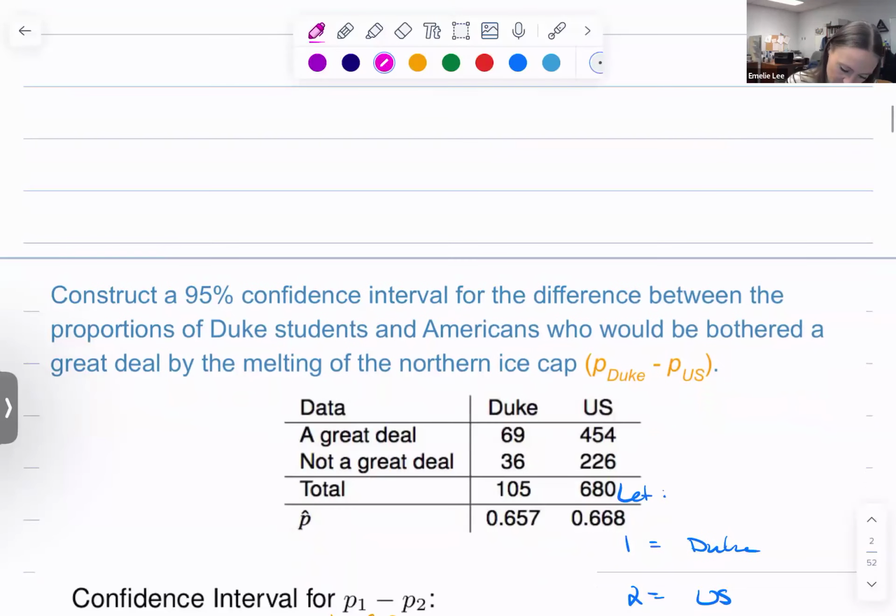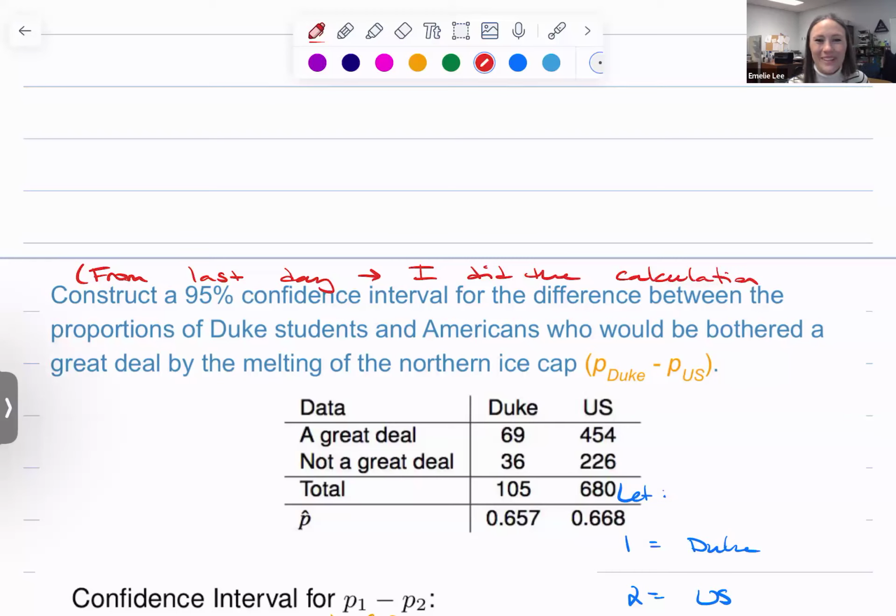Okay, so this is from last day. I did the calculation, I guess technically wrong. It's more sloppy than wrong.